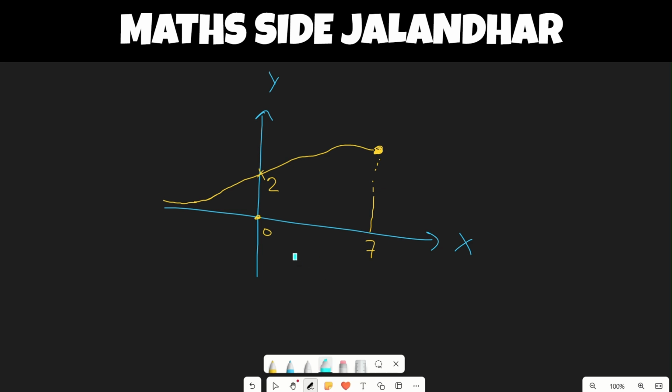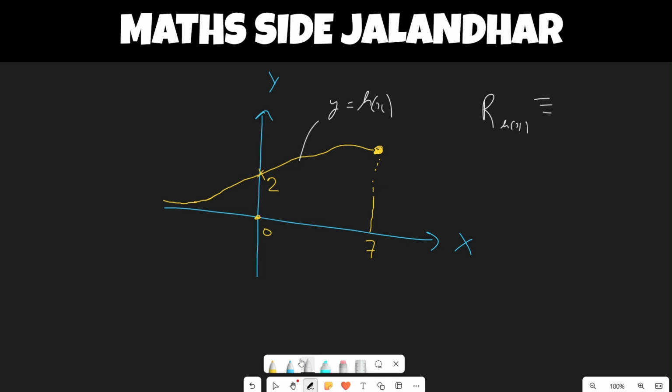If I am talking about the range of this function, suppose this function is y = h(x). Now I have to calculate the range of this function, meaning the range of h(x).